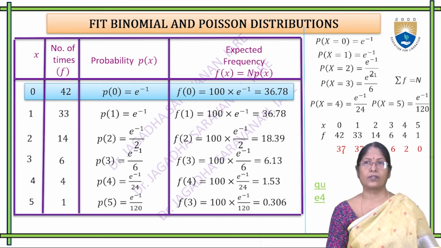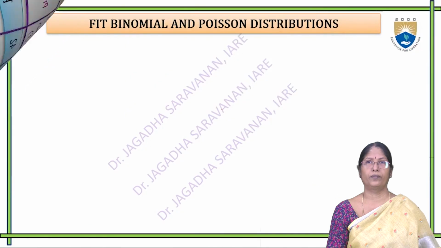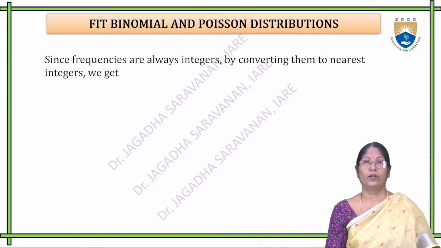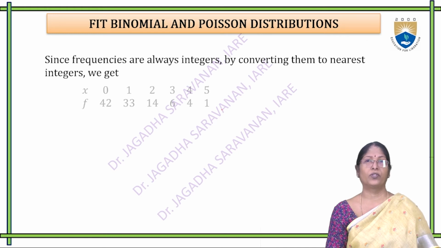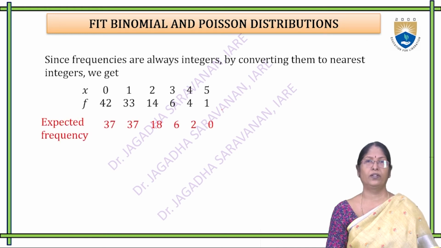That's what the star denotes. We have to give the frequencies always as integers, so we took the nearest value: 37, 37, 18, 6, 2, 0.